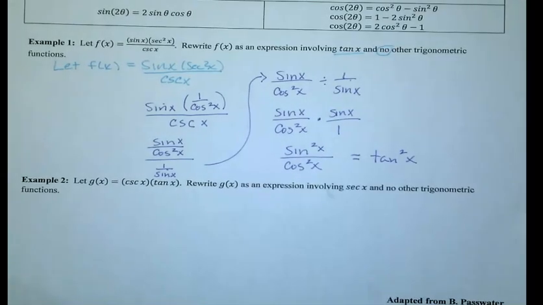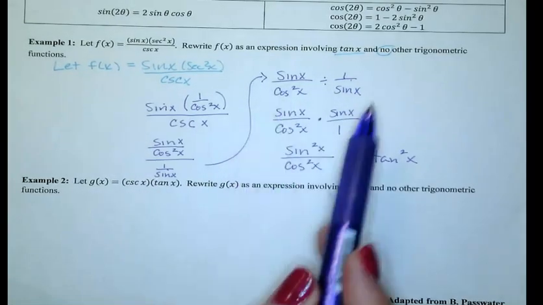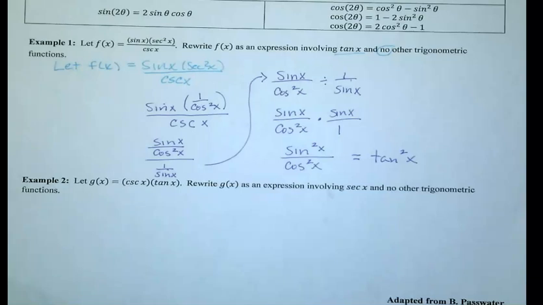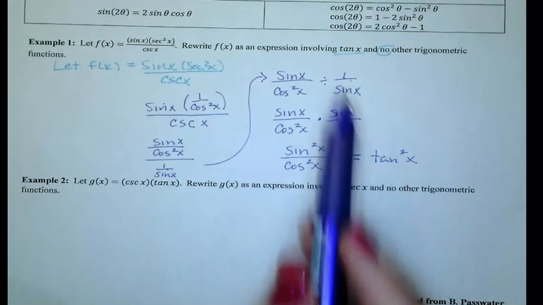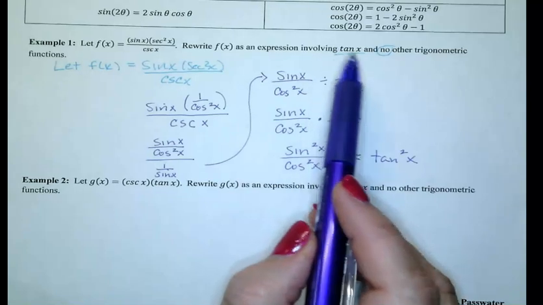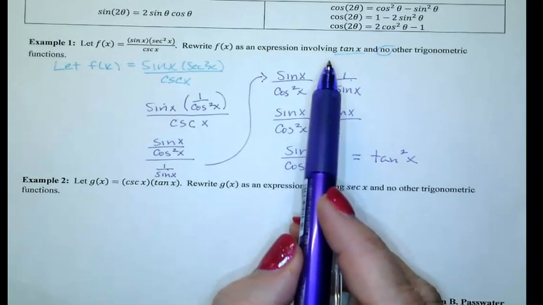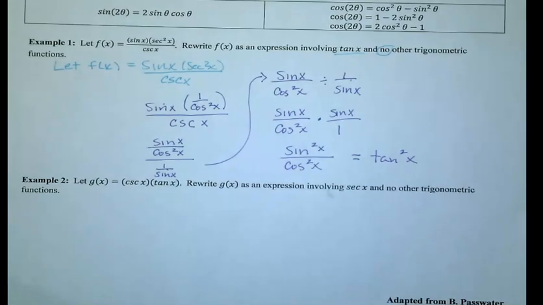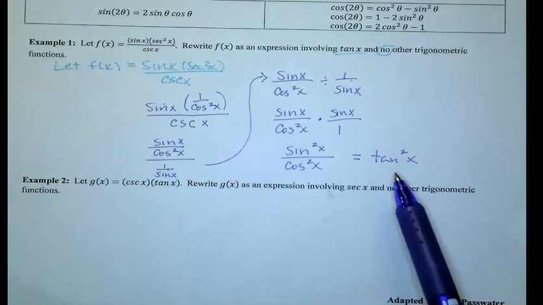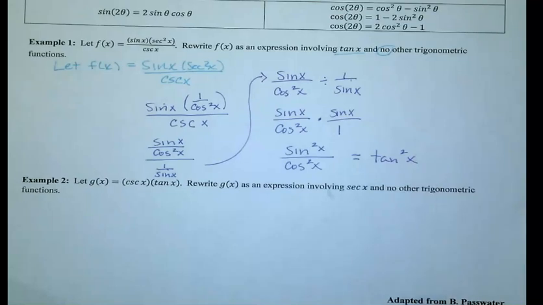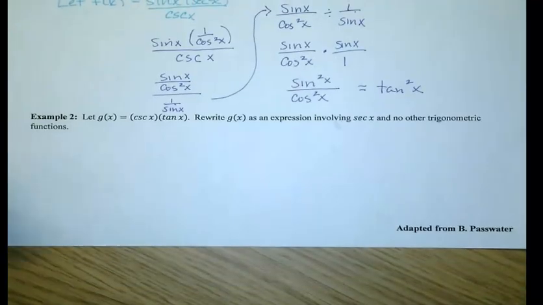And so that's how I can use my identities to work through a problem, change identities out, and simplify further until I can get it down to its simplest form. And in this case, from the directions, that was an expression involving only tangent and no other trig functions. So that's my third read. Did I answer the question? Yep, tan squared x.